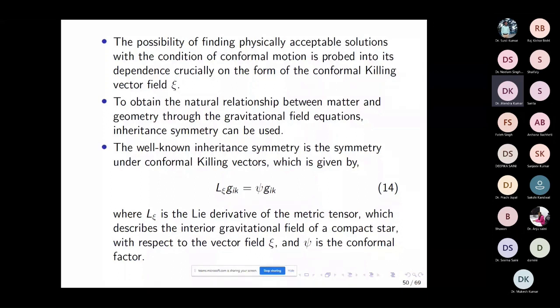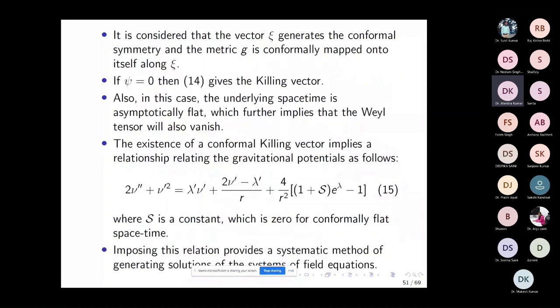Inheritance symmetry can be used. This symmetry, known as the symmetry under conformal Killing vectors, is given by L_Xi g_ik equal to psi g_ik, where L_Xi is the Lie derivative of the metric tensor, which describes the interior gravitational field of a compact star, with respect to the vector field Xi, and psi is the conformal factor.